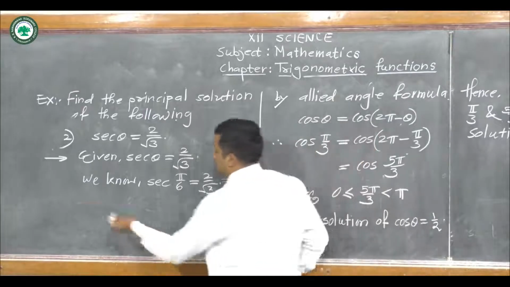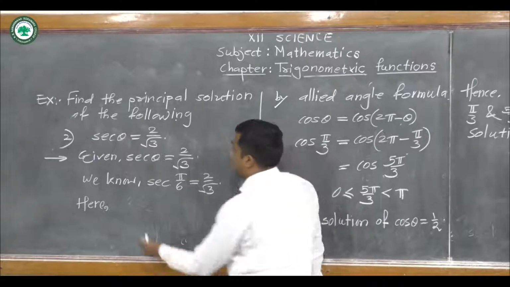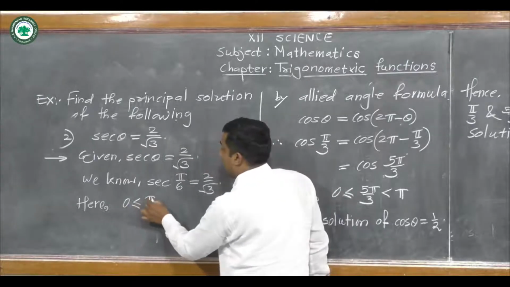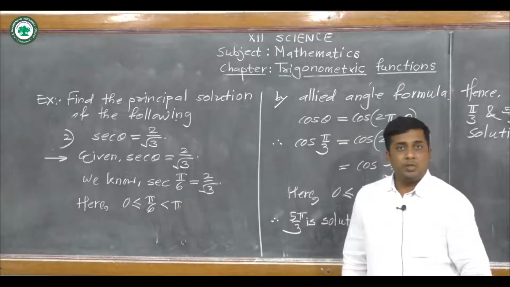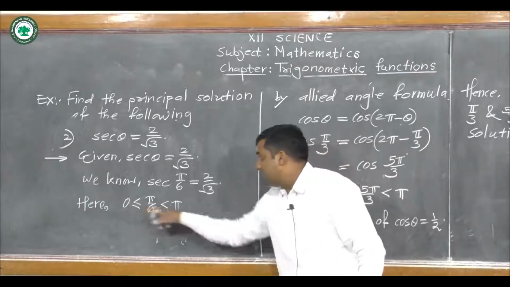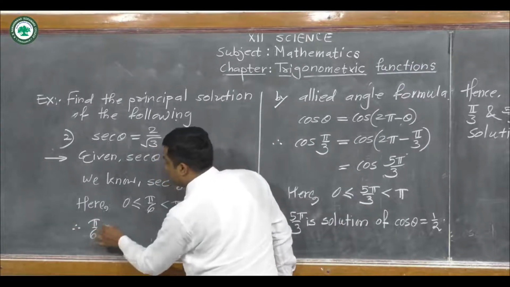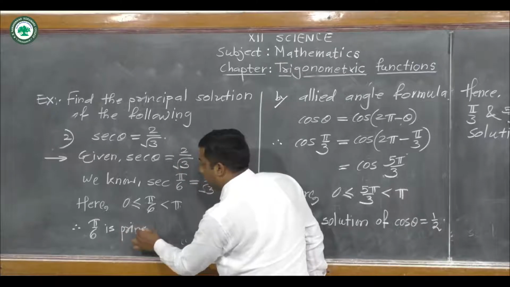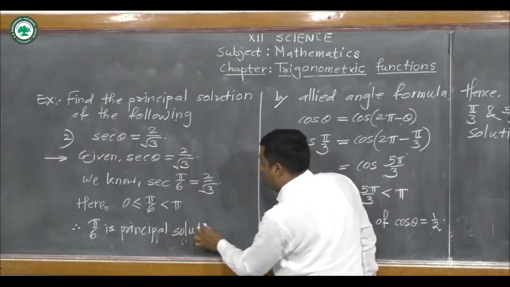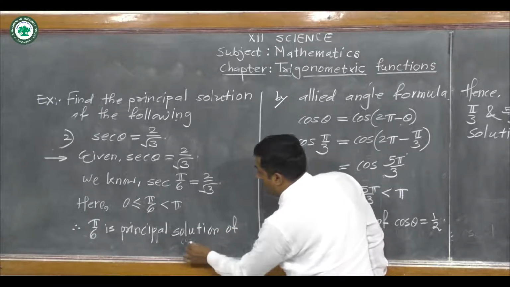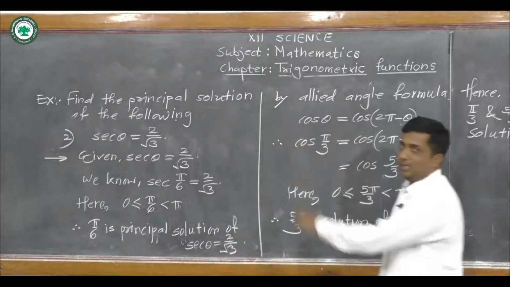And this pi by 6 lies in between 0 and pi, that is, 0 is less than or equal to pi by 6 is less than pi. If pi by 6 lies in between these two, we directly say pi by 6 is a principal solution of sec theta is equal to 2 upon root 3.